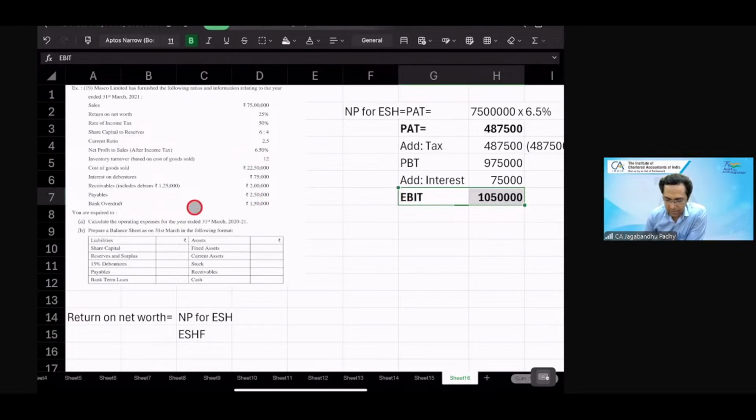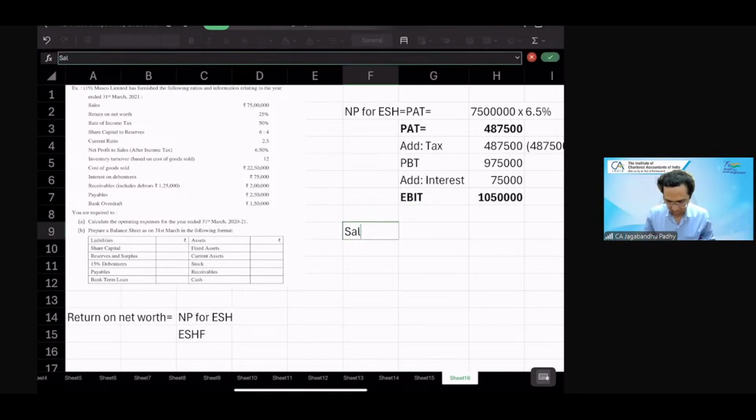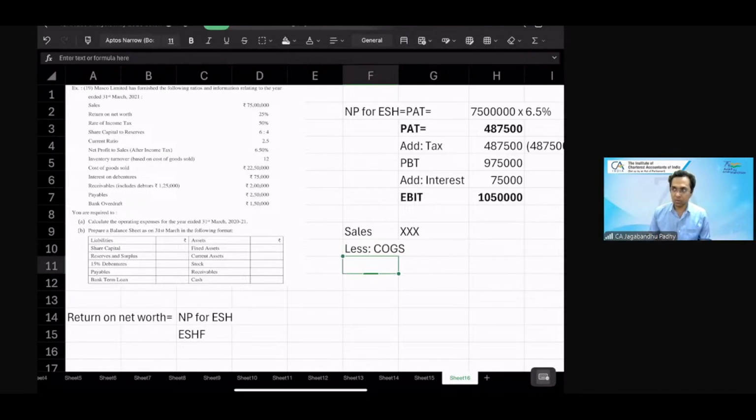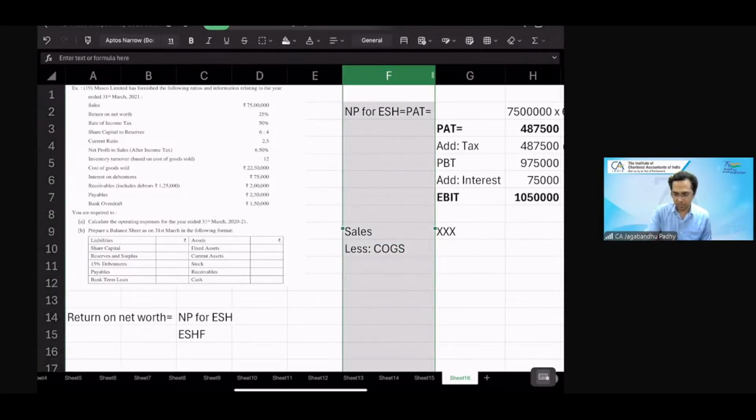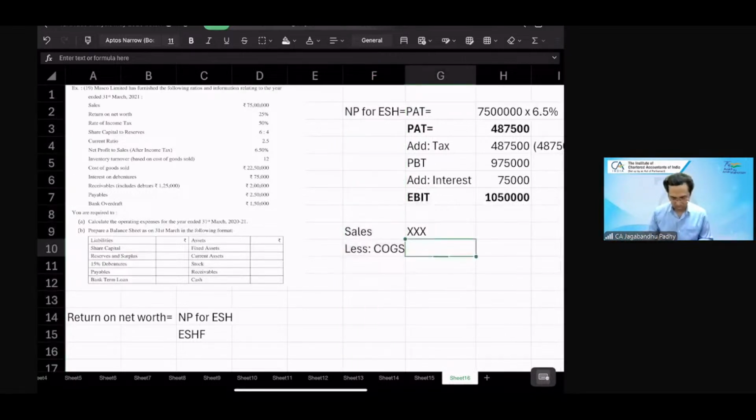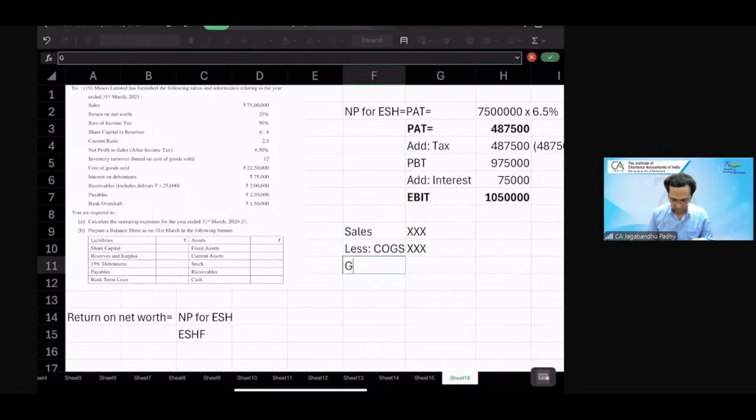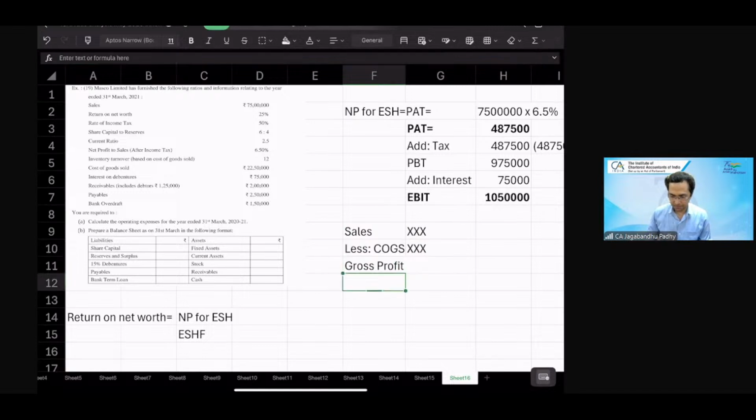Our idea is to get the operating expenses. Now, what is the amount of operating expenses that we have? On EBIT, earnings before interest and tax, when you look at the sales flow, you'll have some amount of sales. From that, you reduce the COGS, right? And after reduction of COGS, what you get is gross profit.